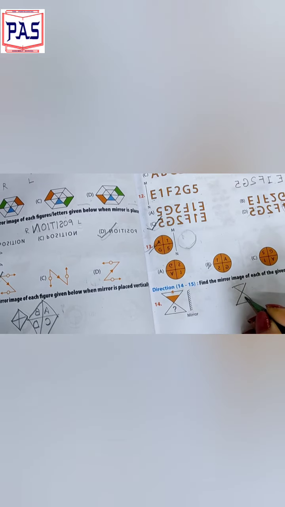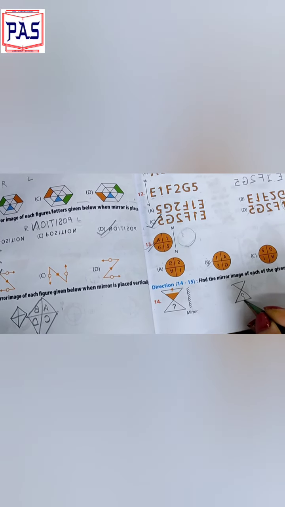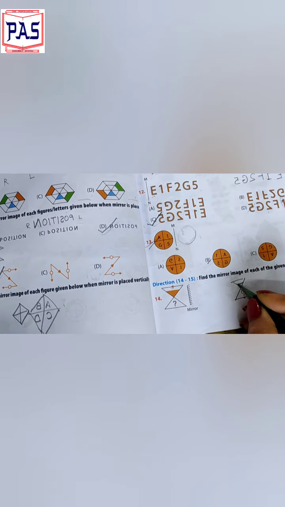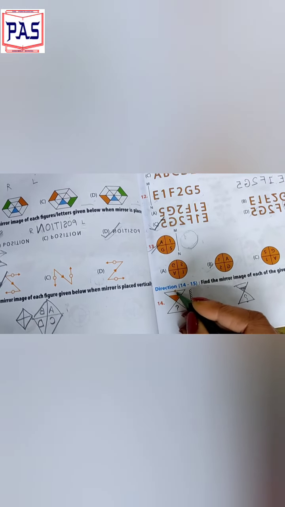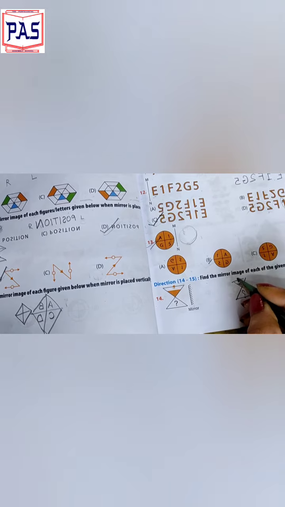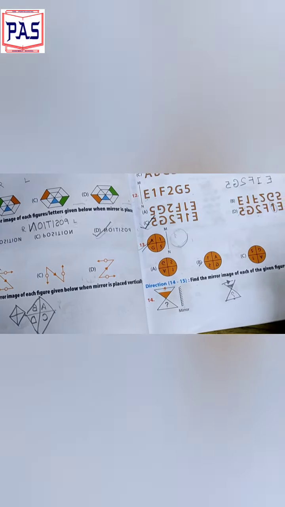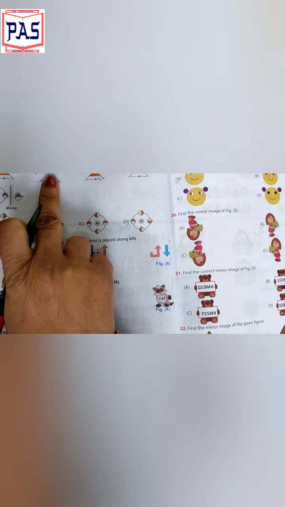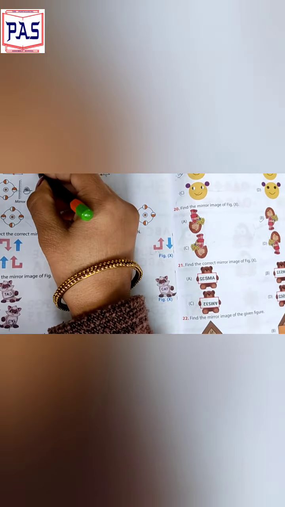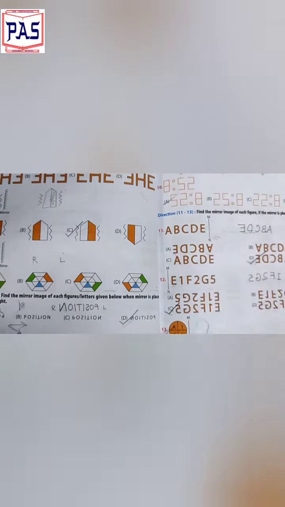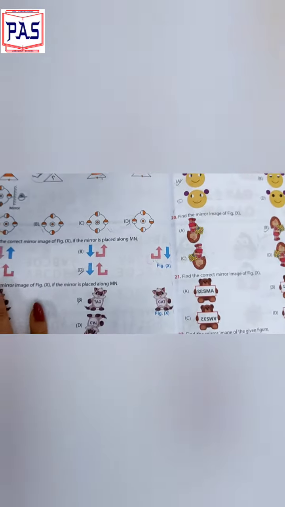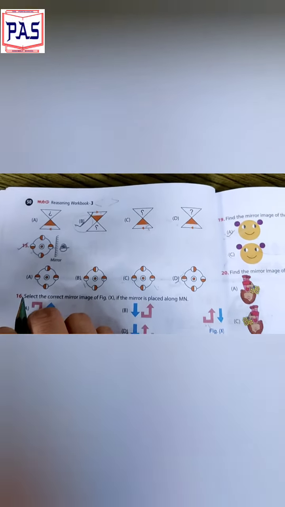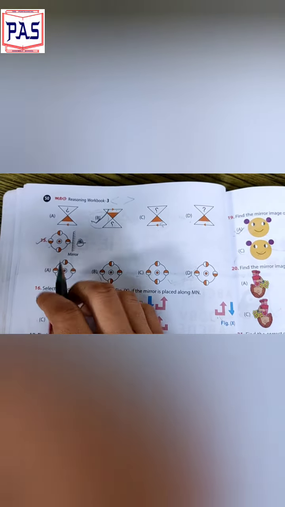The question mark will turn in this area and the yellow portion will remain the same, but this arrow mark will appear like this. So you have to find the correct option. Yes, the correct option is option B. The direction for question number 14 and 15 is the same, so question number 15 you will do by yourself. It is just like question number 14.